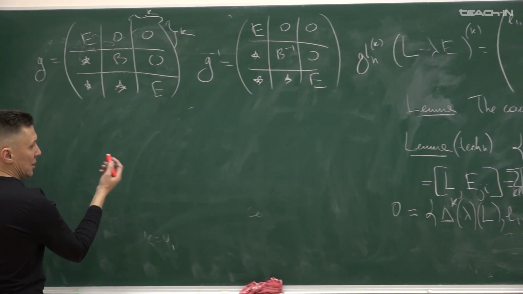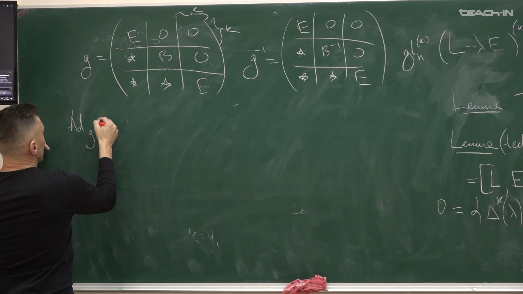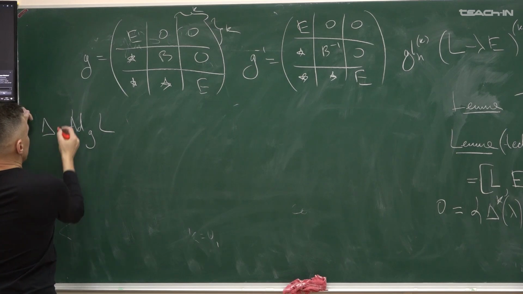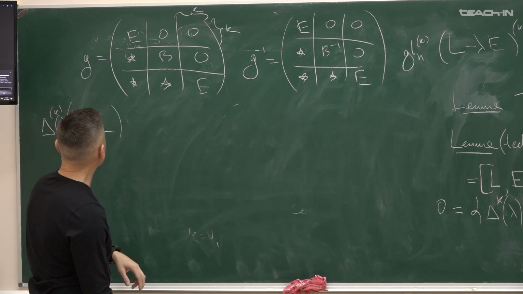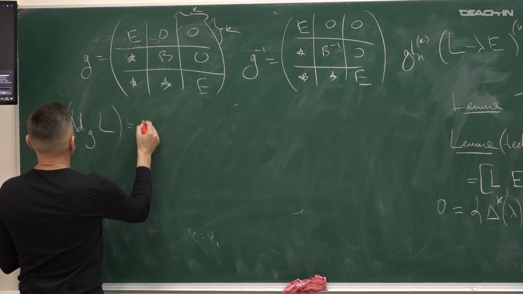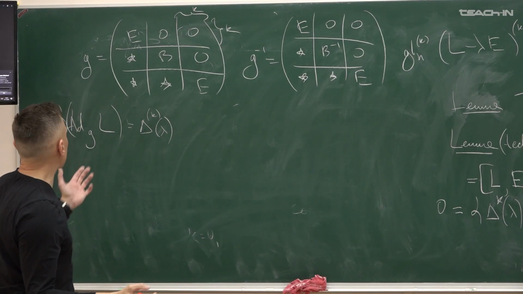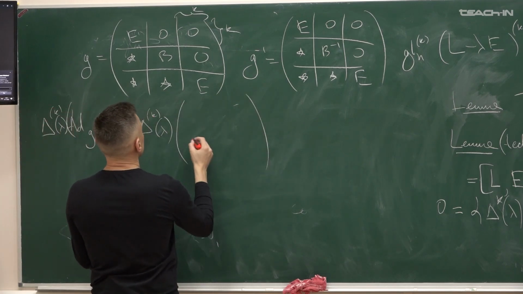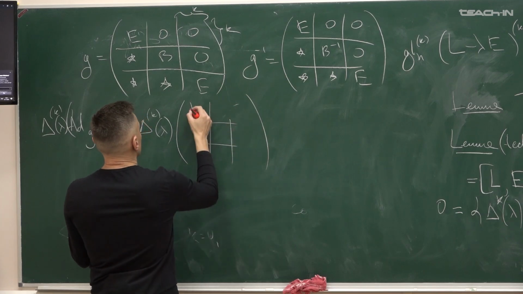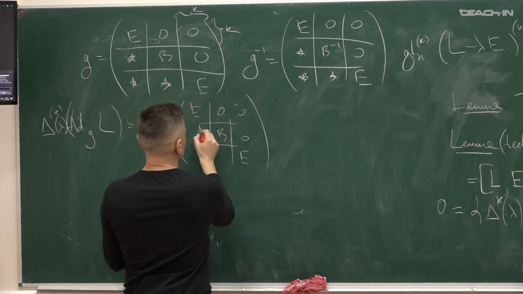And now I calculate the adjoint action of G on L, and I would like to calculate this function on this: delta K lambda. Here I have to multiply the matrices E, B, E, star.